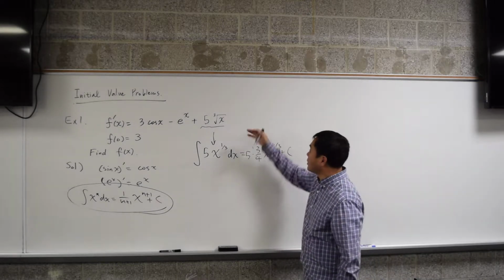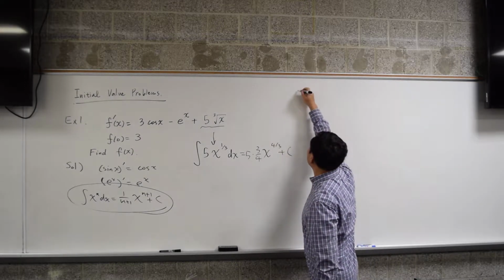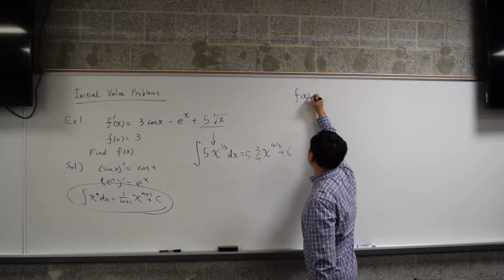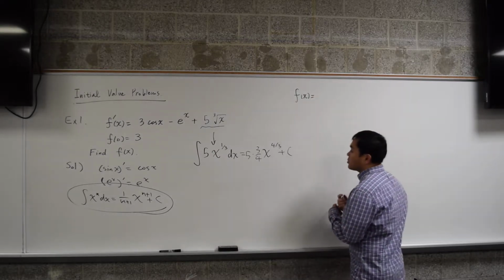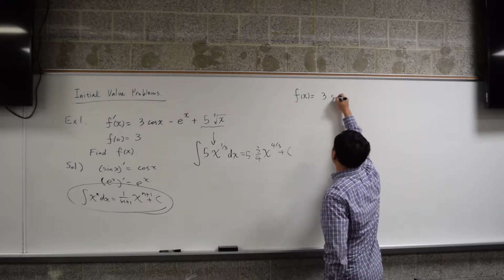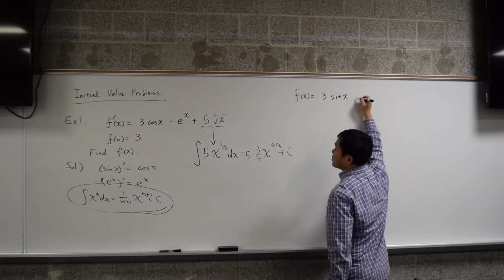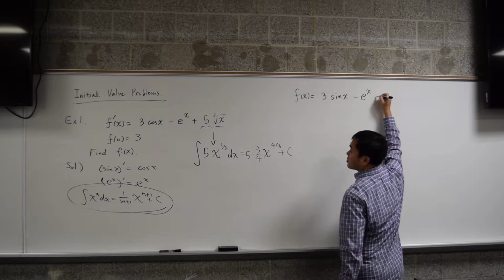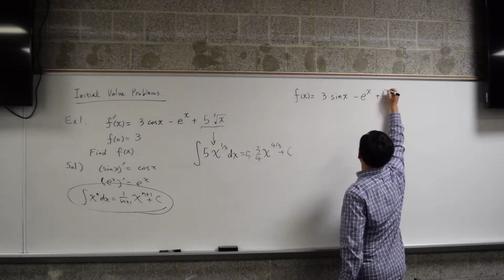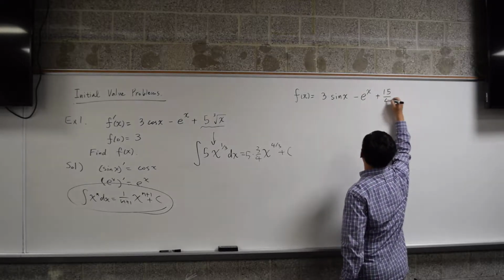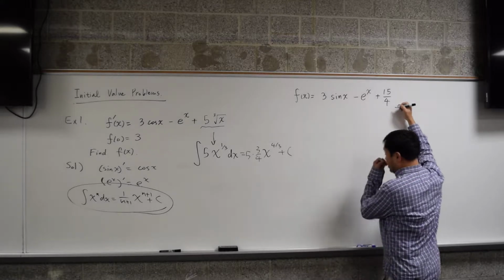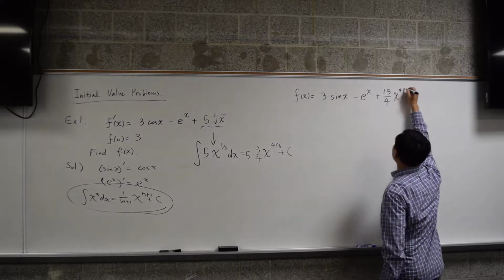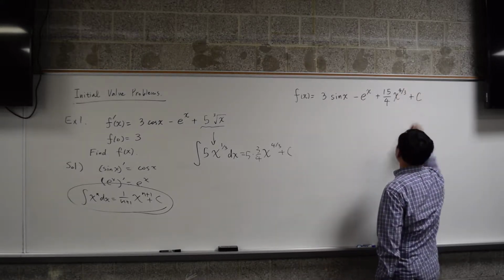Therefore, our investigation shows that the antiderivative must be 3 sine x minus e to the x, plus 15 over 4 x to the 4/3 plus c.